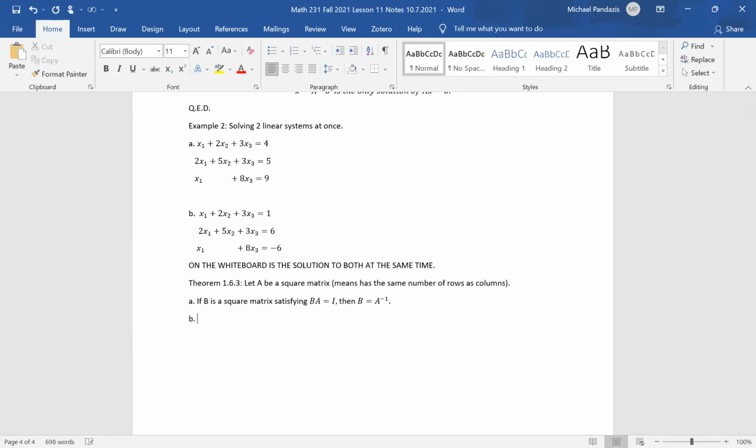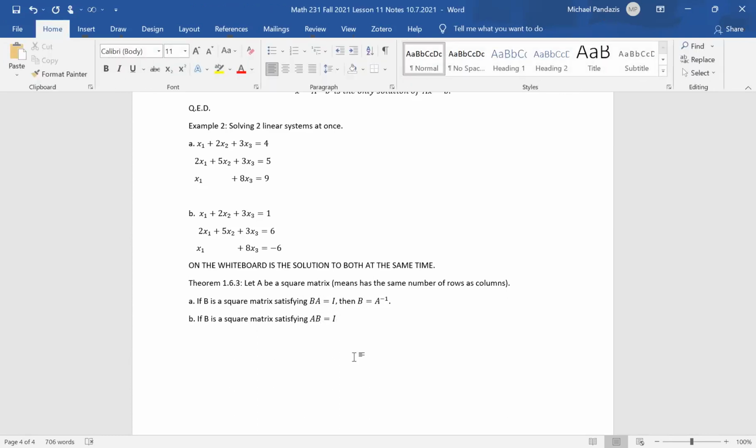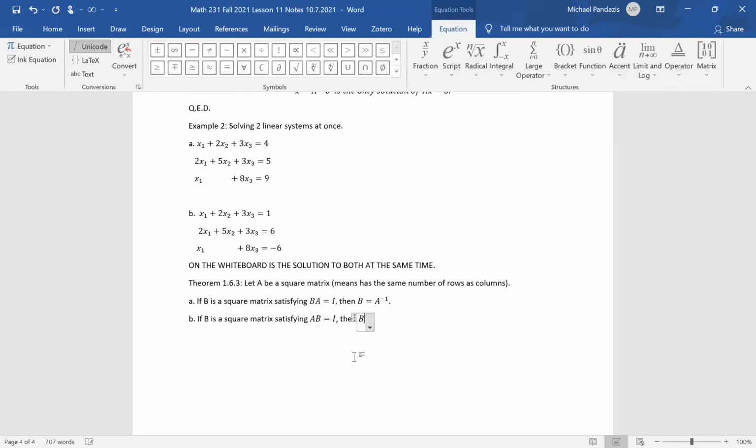And part B says if B is a square matrix satisfying AB is equal to I, then B is equal to A inverse.